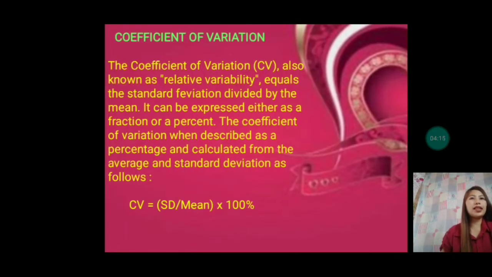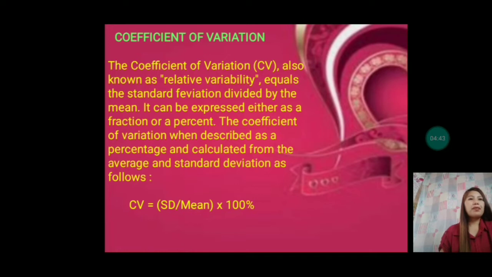So, let us proceed to the coefficient of variation. The coefficient of variation, or CV, also known as relative variability, equals the standard deviation divided by the mean. It can be expressed either as a fraction or a percent. The coefficient of variation, when described as a percentage, is calculated from the average and standard deviation as follows.